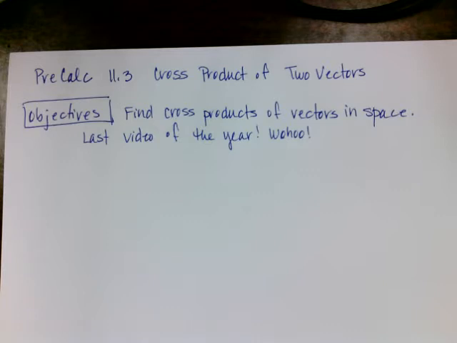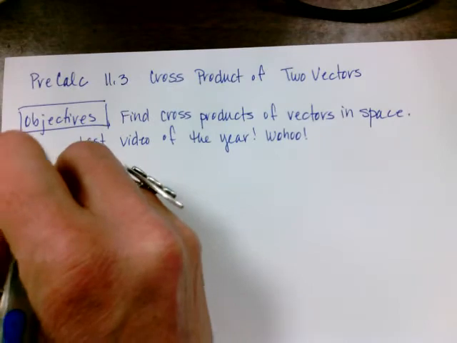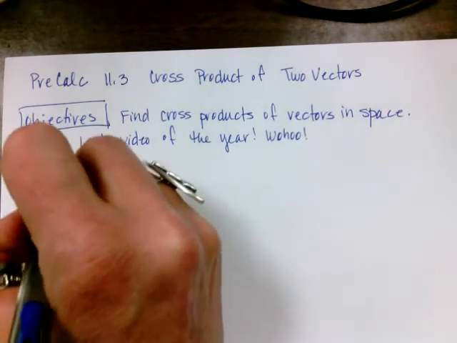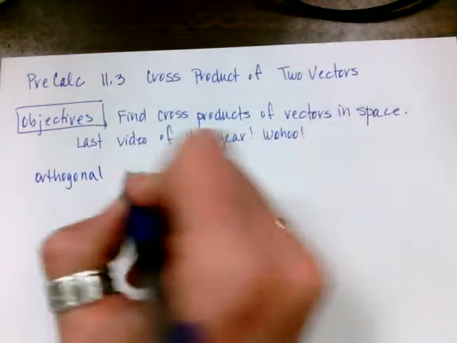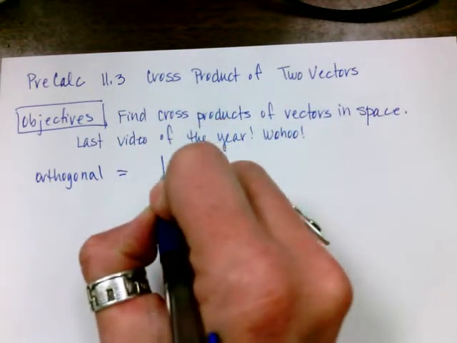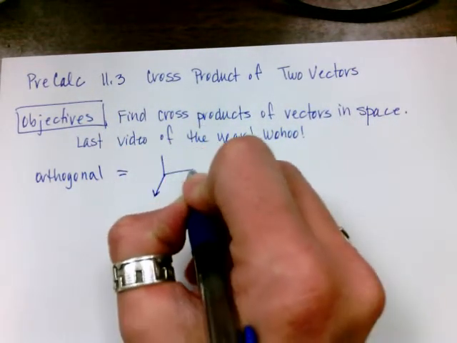Woohoo! All right. In the real world, physics, engineering, geometry, people need to find a vector that is orthogonal to two given vectors. So remember that orthogonal, cool word, means that two vectors are at right angles.